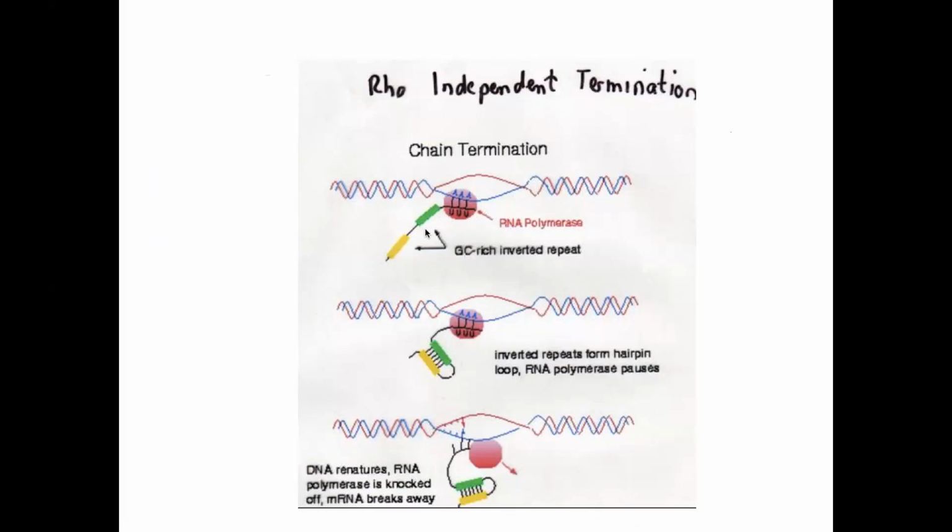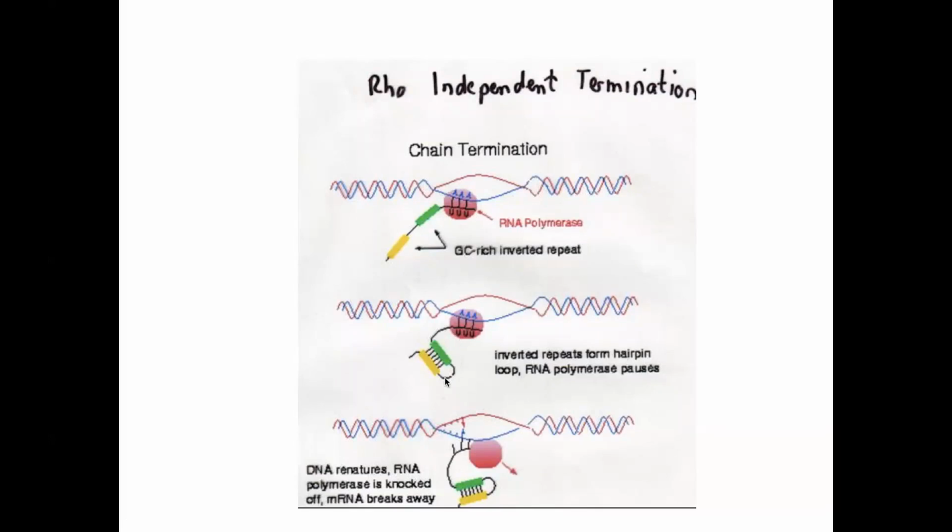And so what that does is it leads to the formation of what we call a hairpin loop in the transcript. So secondary structure. The rest of the RNA molecule is linear. It's just a linear RNA molecule. But in this case, where those terminator sequences are present, you get the formation of this secondary structure, this hairpin loop.